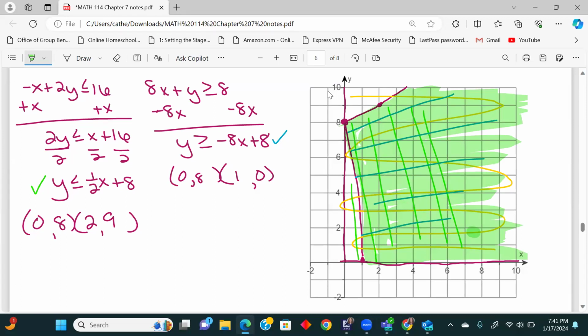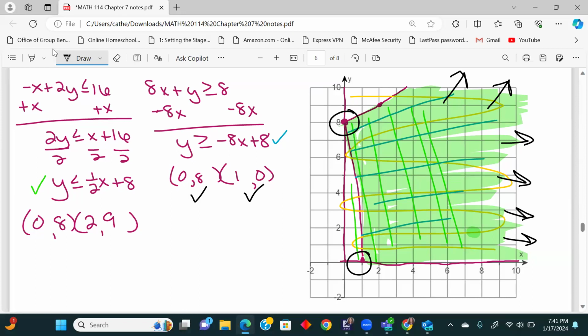So let's look at our corner points. How many corner points do we have? We only have 2. We have this one here and this one there. This keeps going on and on. Okay, so we only have 2 corner points. We have one at 1, 0 and 0, 8.